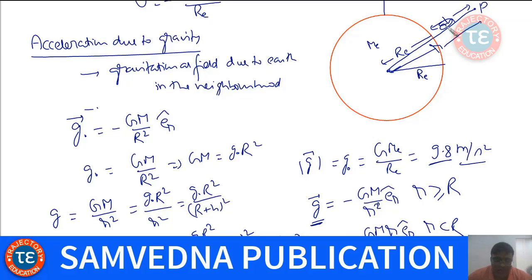Now, if somebody wishes to find out acceleration due to gravity inside the earth, say you want acceleration due to gravity at a point P which is lying at a depth of d from the surface.